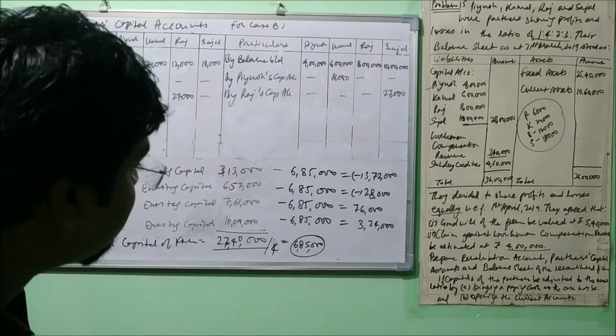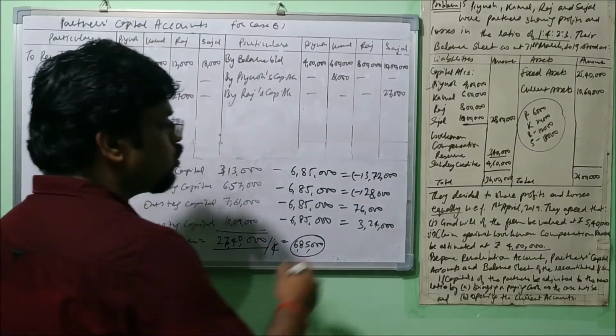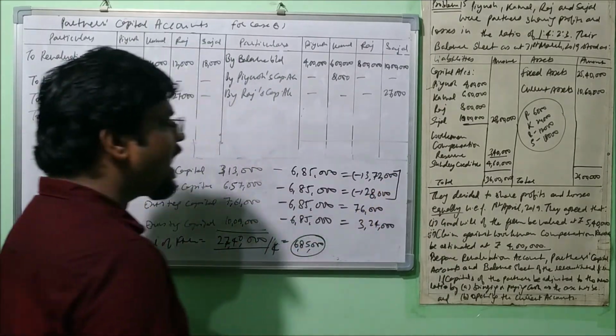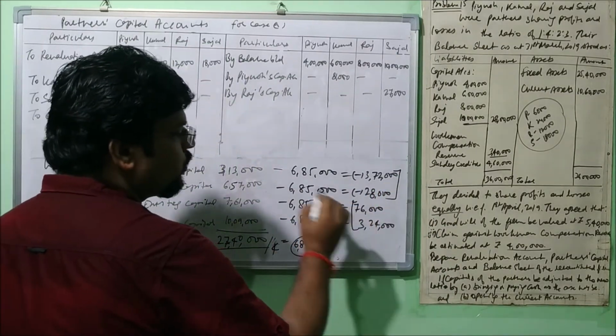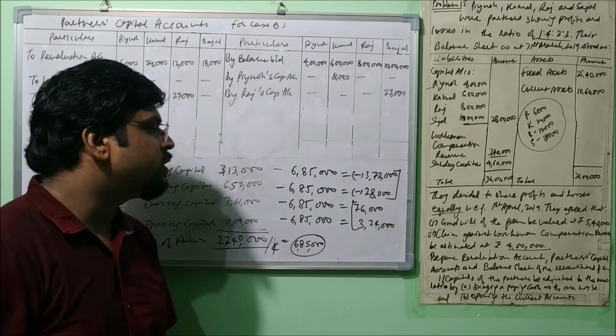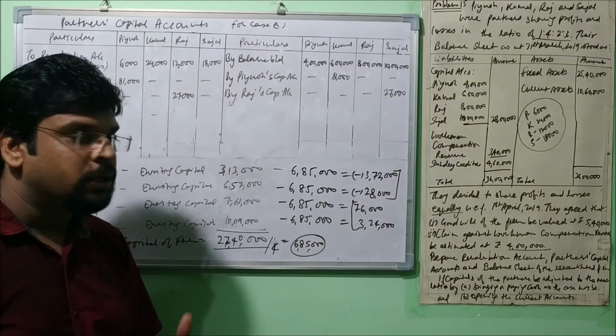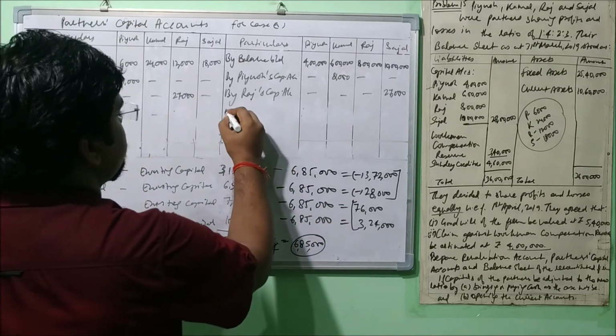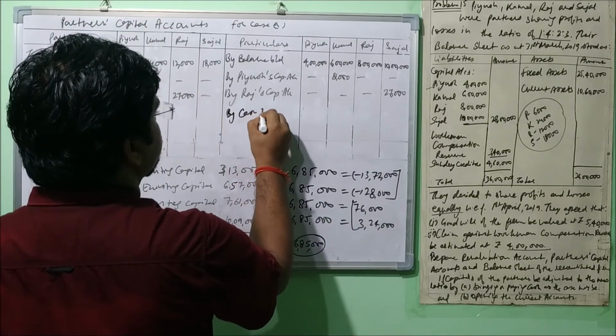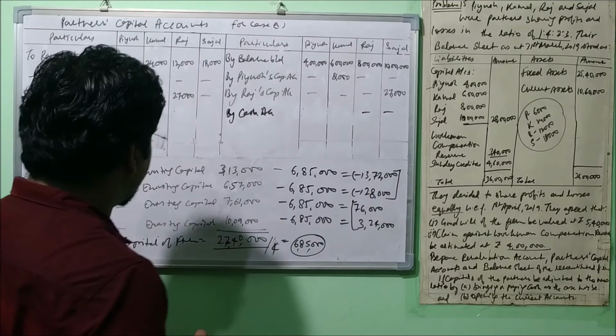Now, let's understand here. These two are supposed to bring the cash and these two are supposed to withdraw the cash. So when the cash is brought in the business, the entry is cash account debit to partner's capital account. Alright? So here the entry will be done by cash account for Piyush and Kamal.